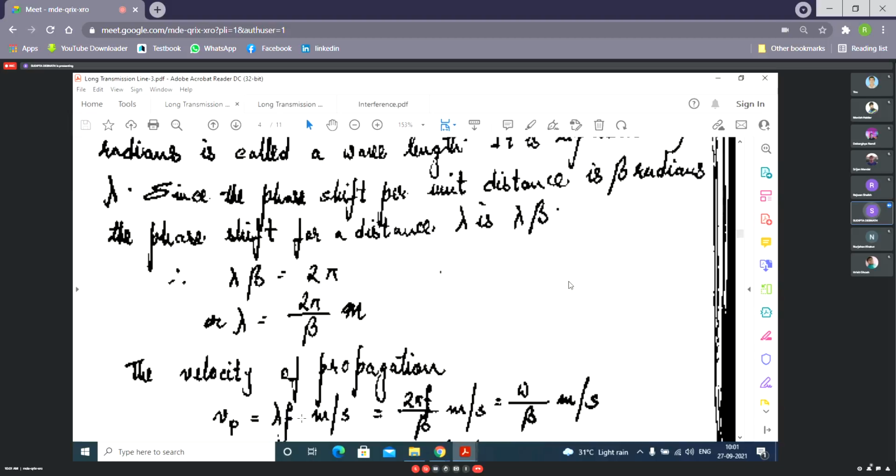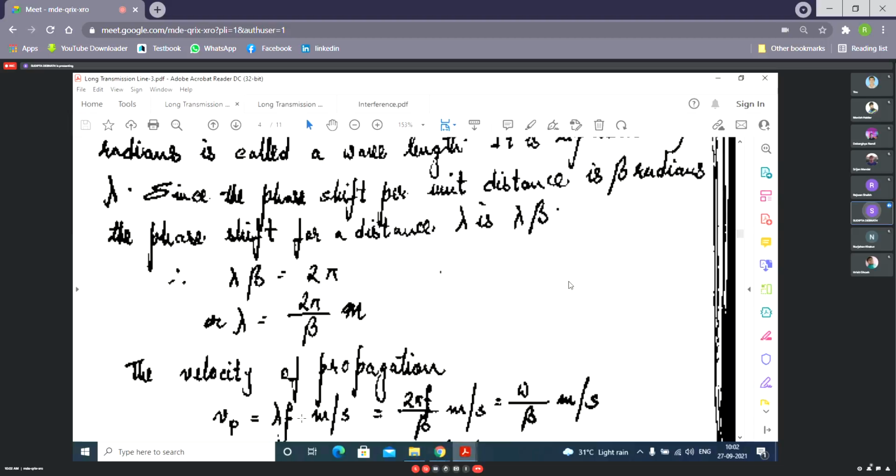For frequency f, the number of cycles in 1 second is f. So what is the time taken for one cycle? Time taken for one cycle is 1 by f. One cycle means the phase shift is 2 pi radians.